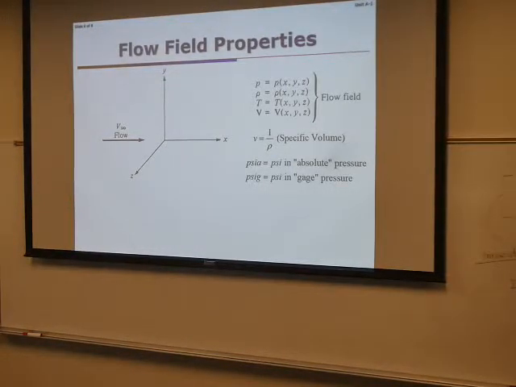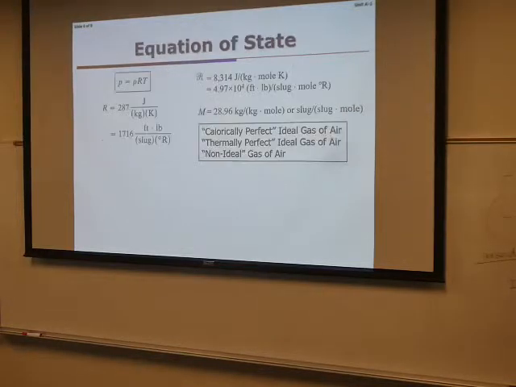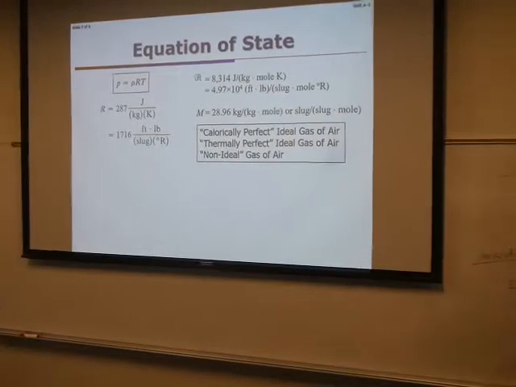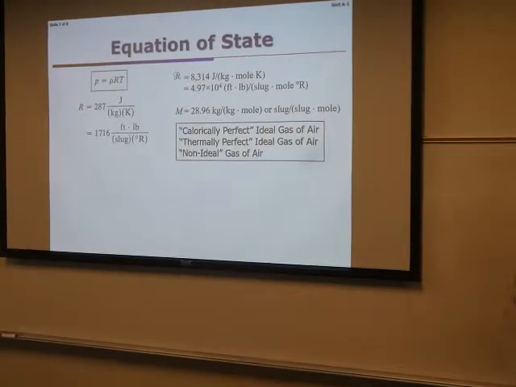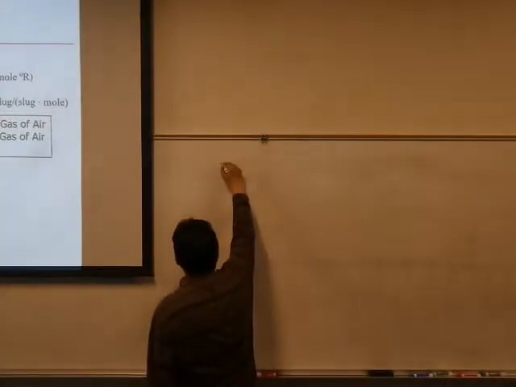So next page. Let's take a look at the equation of state. Of course, in Aero1, we oftentimes assume that the air behaves as ideal gas. If the gas is ideal gas, of course air is a gas, it is going to follow a certain rule. It's called equation of state for ideal gas.